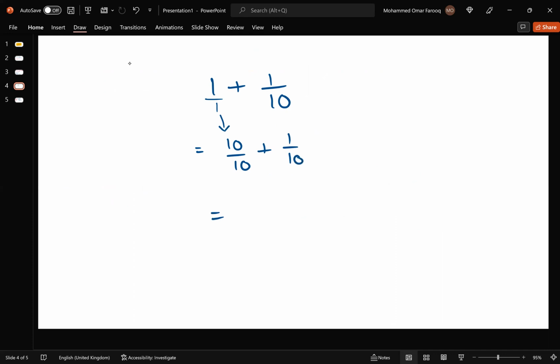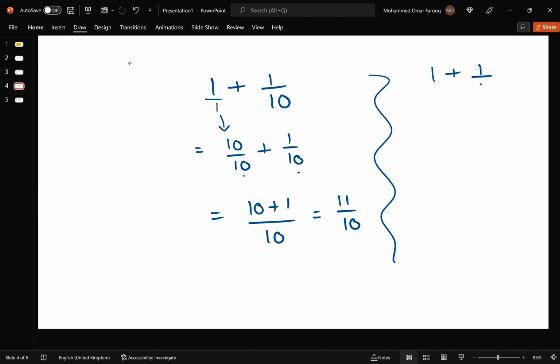Since we have equal denominators, we can directly add numerators: 10 plus 1 divided by 10 equals 11 by 10. Since we are in grade 8, we can directly do the LCM: multiply the denominator, 10 ones are 10, plus 1 by 10, that equals 11 by 10.